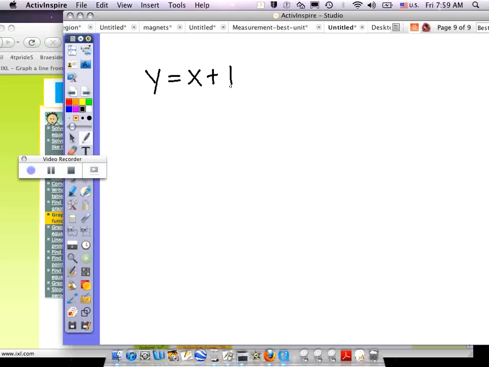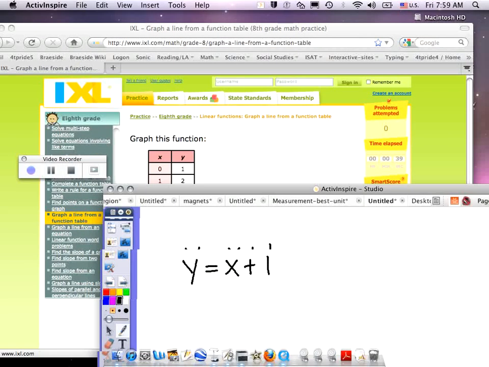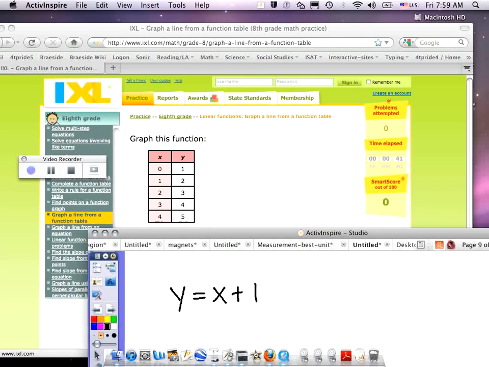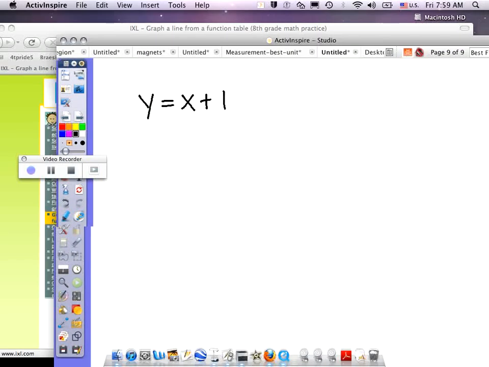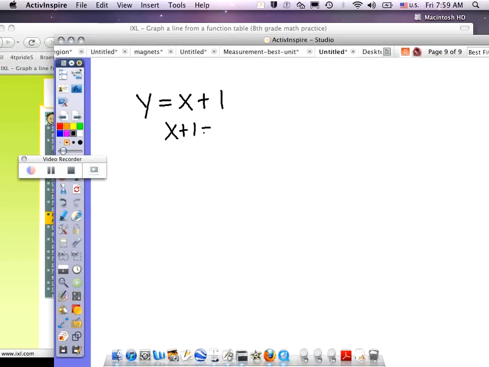Think about it. You want to figure out what y is. Well, y is always going to be 1 bigger than x according to this function table. You can see it: x plus 1 equals y. And it's fine if you write x plus 1 equals y. It's the same deal. And then do the same thing you did for the last problem. So when x is 8, y would be 9.